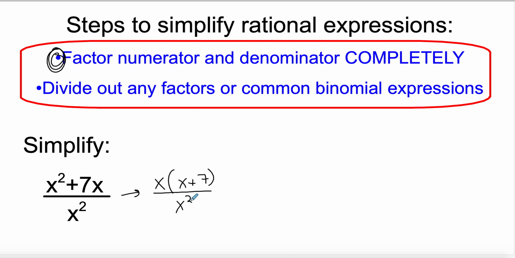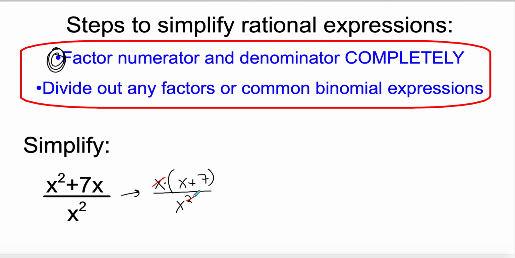Okay, now we can look to cancel stuff. Since we have this x times quantity x plus 7, these are two things that are multiplying together, then I can cancel out this x with one of those. Just because I have x times this stuff. I can't cancel it with that because there's x plus that. Okay, so we're going to go ahead and cancel out one of those.